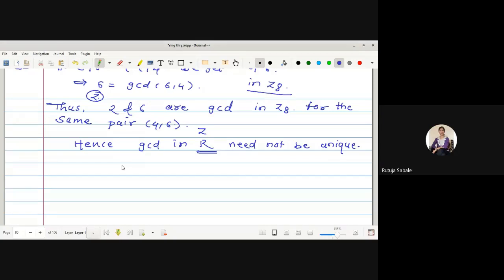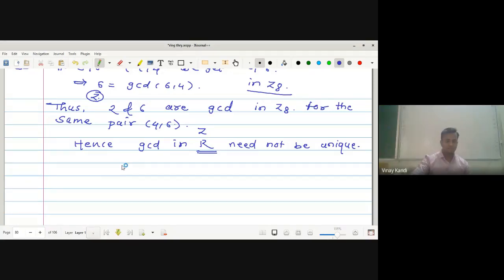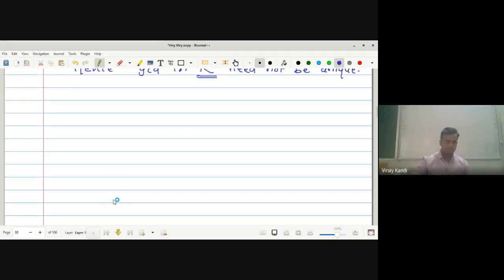No, sir. Now the second remark. Remark number 2: existence of GCD for any pair A and B in a commutative ring R is not compulsory.